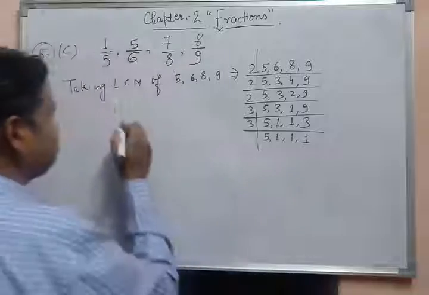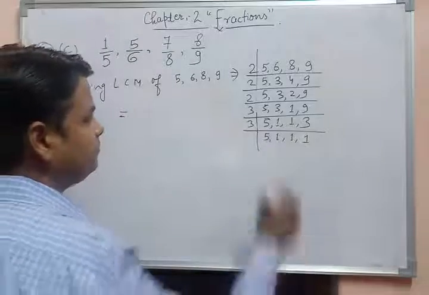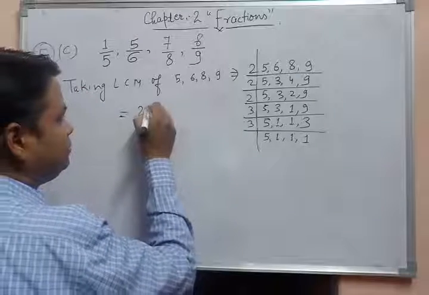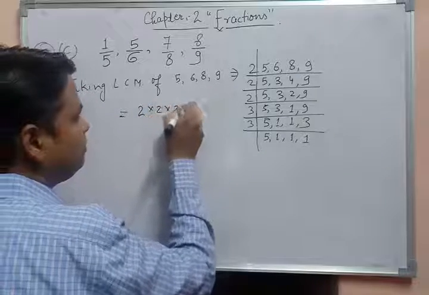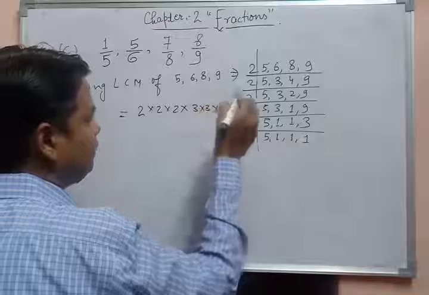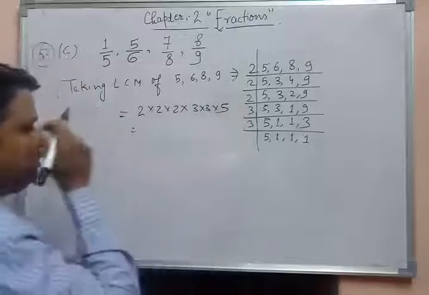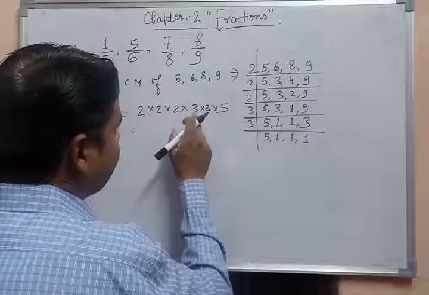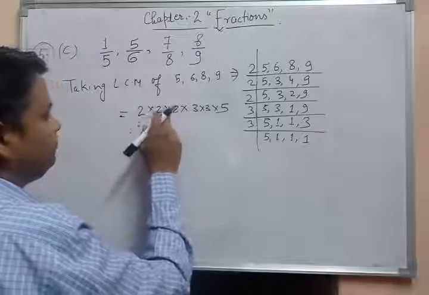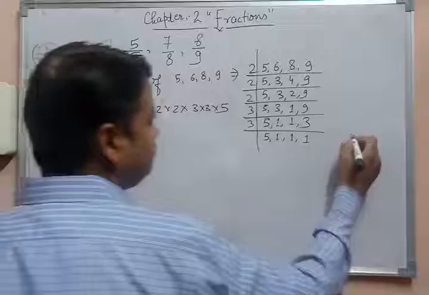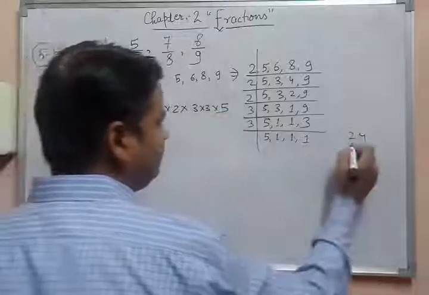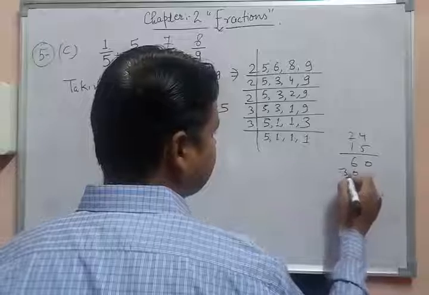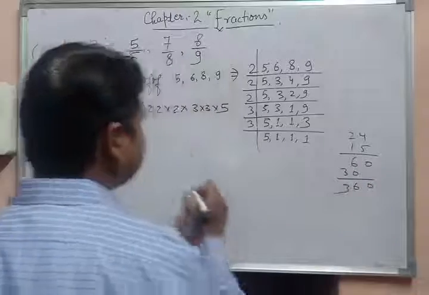So students, the LCM of all the numbers is 2 into 2 into 2 multiplied by 3, 3 into 5. 2 times 2 is 4, 4 times 2 is 8, 8 times 3 is 24, 24 times 3 is 72, and 72 times 5 is 360.